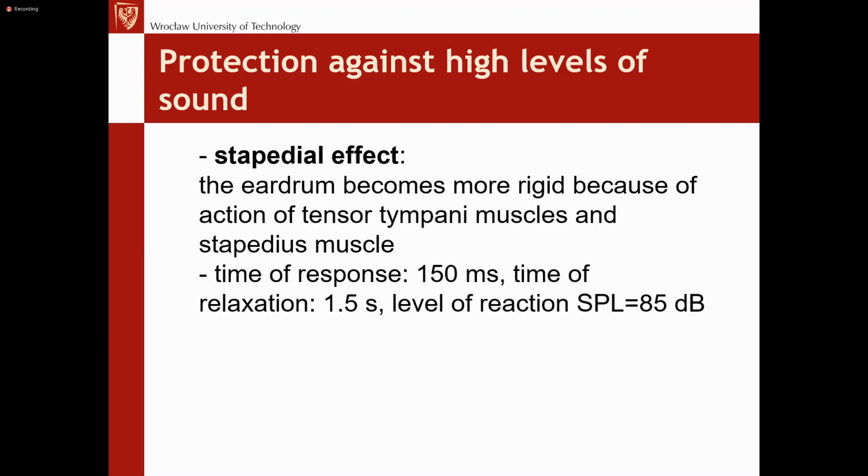And of course, when the level of the sound gets lower, the stapedial effect disappears, and the relaxation time is, as I said, 1.5 seconds.